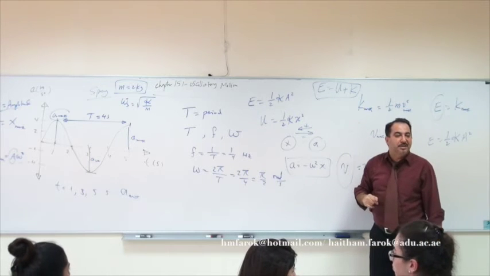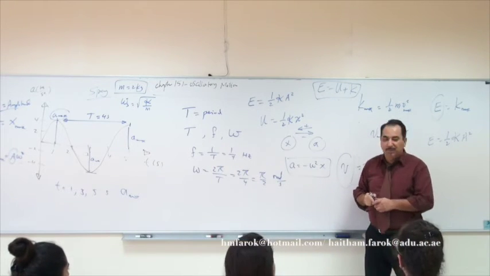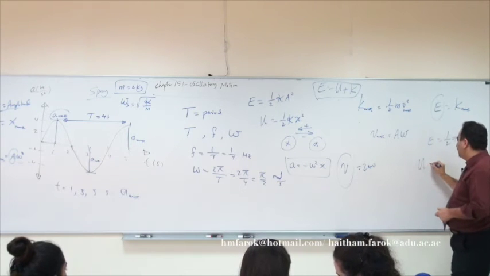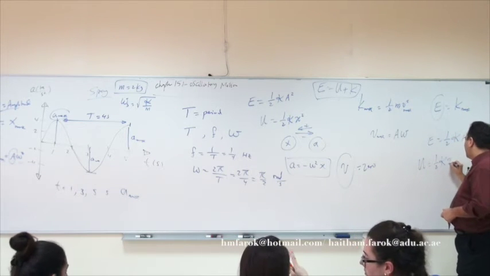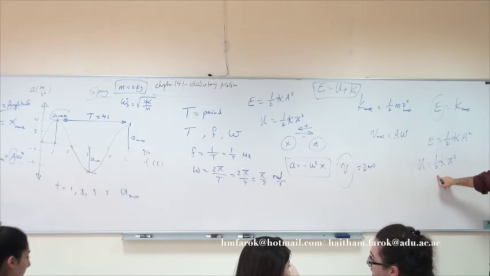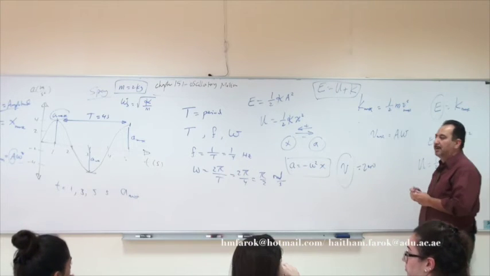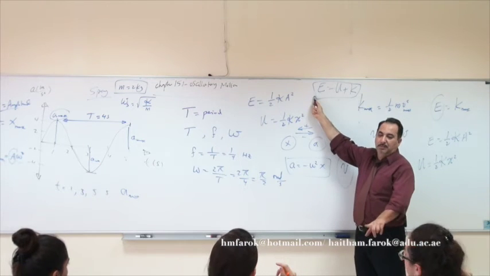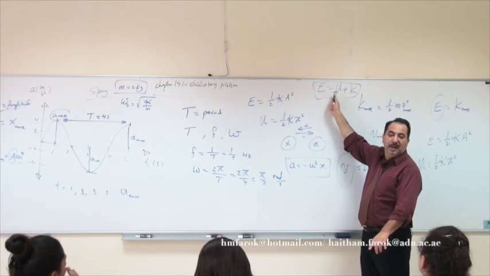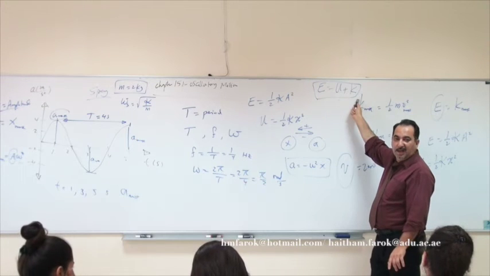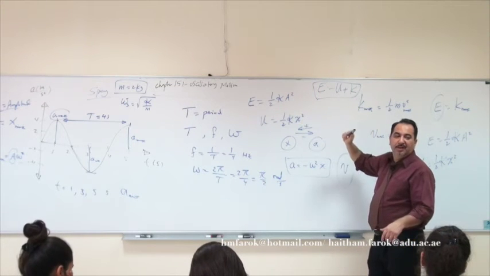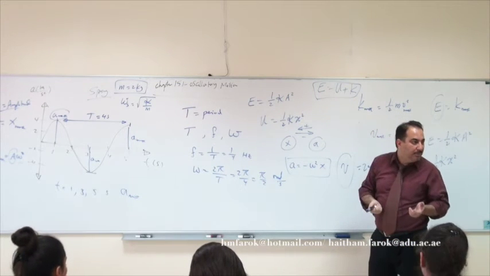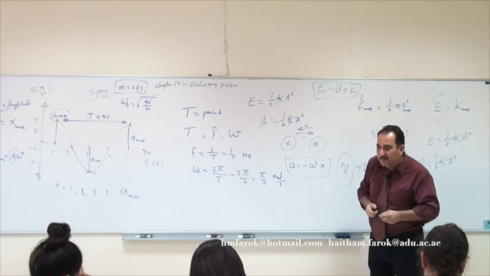And when you know the potential, it means you know x, because potential is half kappa x squared. Or maybe you know potential and total. What can you calculate? Kinetic. And if you know the kinetic, you can find the velocity or the speed, which you are looking for.